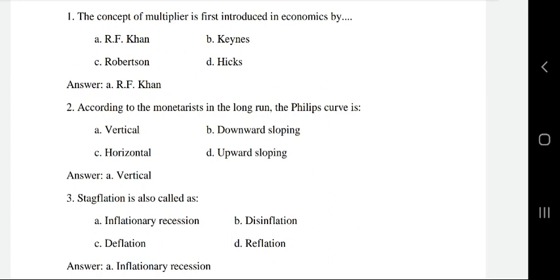The Phillips curve suggests there is an inverse relation between inflation and unemployment. In the long run, there is no relationship between these two factors. So, in the long run, the Phillips curve is vertical at the natural rate of unemployment.